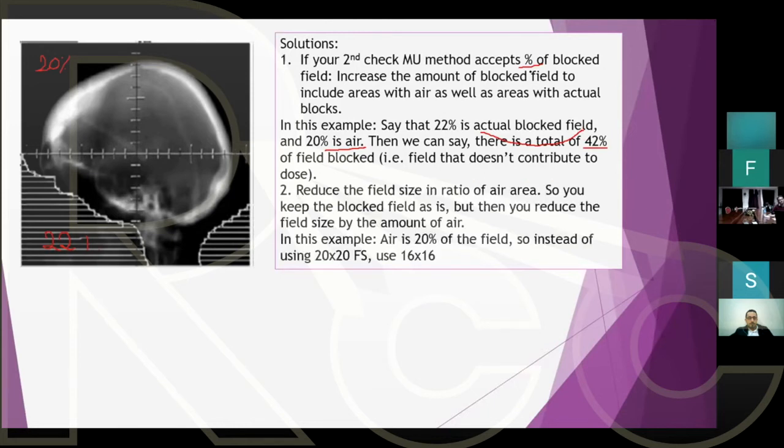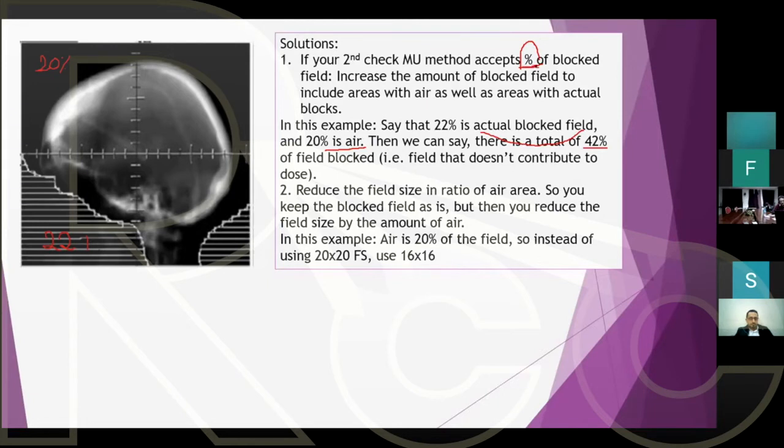Let's say you cannot add percentage of blocked field for whatever reason. So in this case, I can reduce the field size. You want to mimic a smaller field. When I say 42% of the field is blocked, it means 42% of the field is not there. Right? Okay, let's say I cannot change this.